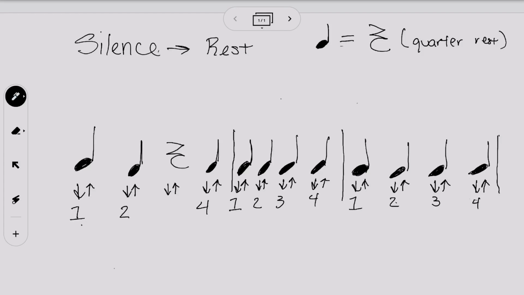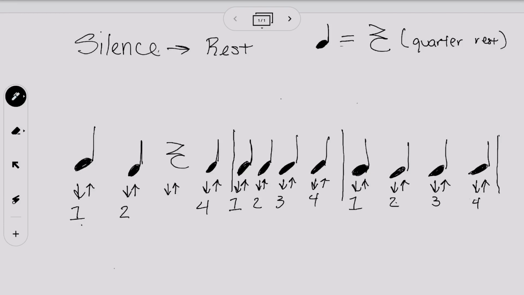No, it does not. We want to make sure that you understand that the rest doesn't change anything about the beat. It's still worth one beat. It's just silence. That's music. Rests are music as well. So, since beat 3 is silent, I'm going to change the way that I wrote it so that way you guys know at home this is a rest.